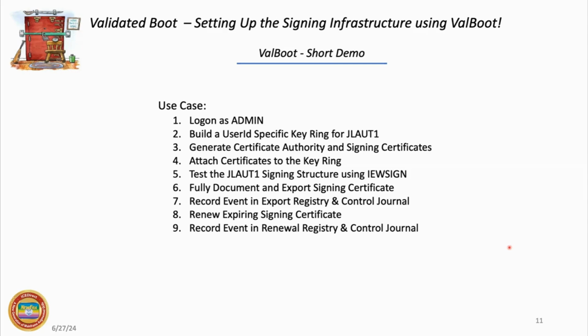By the way, we record all these events that are going on in the ICE control journal so that there's a complete, again, provenance of all the activities that have gone on to maintain the integrity of the supply chain from A all the way to Z. We're going to renew a certificate that's about to expire, and then we're going to see those renewals in our renewal registry. So let me close my session here and bring up a 3270 session.